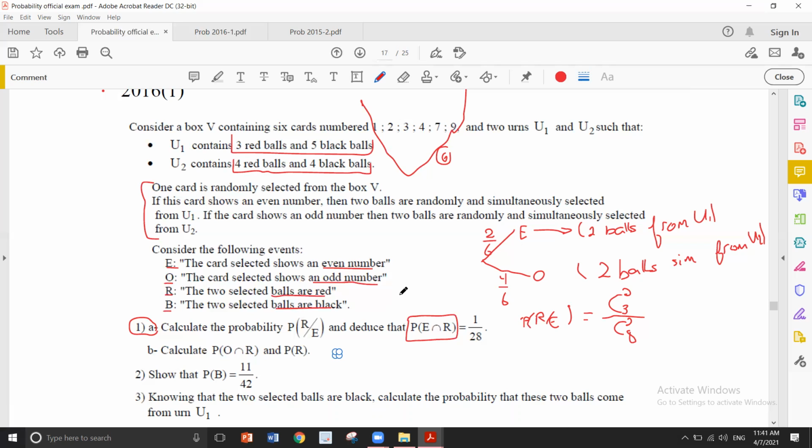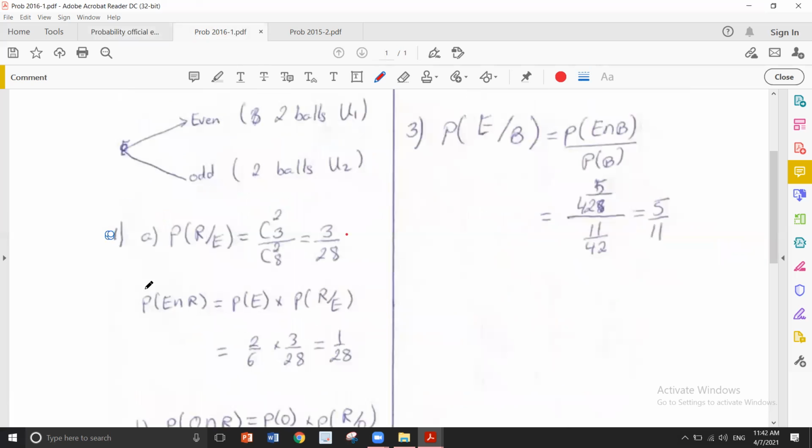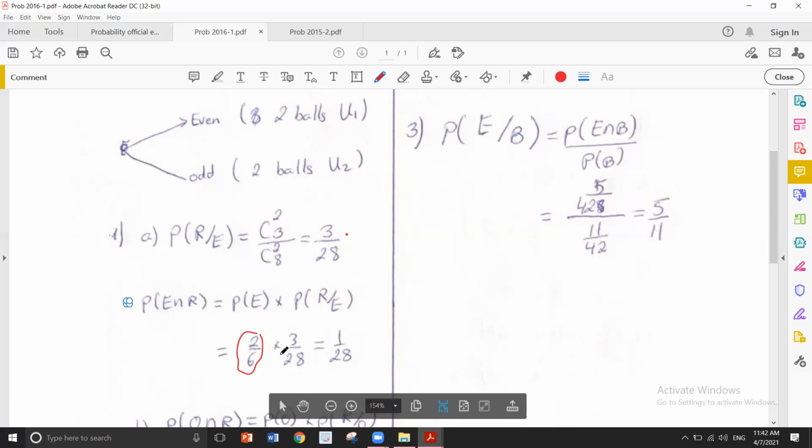P(E) times P(R). Knowing... Okay, so the probability of E intersection R equals the probability of E times the probability of R given E. The probability of E is 2 over 6, to choose an even number, times 3 over 28, which is R given E. We get 1 over 28.